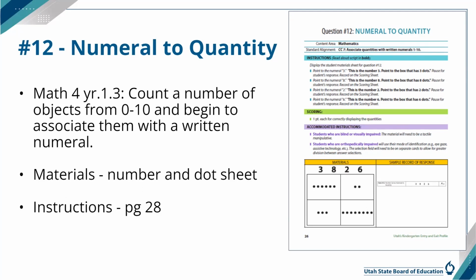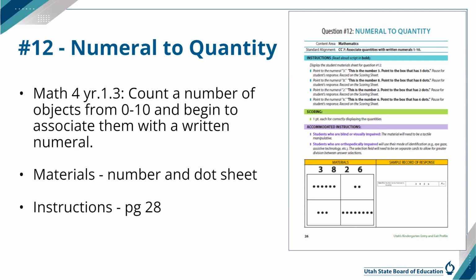Now, if a student self-corrects before you give them the next number, you can take that self-correction. If you give them the number 3 and they point to the 2, and then when you get to the 2, they want to go back and correct the number 3, at that point they can't go back and correct it.